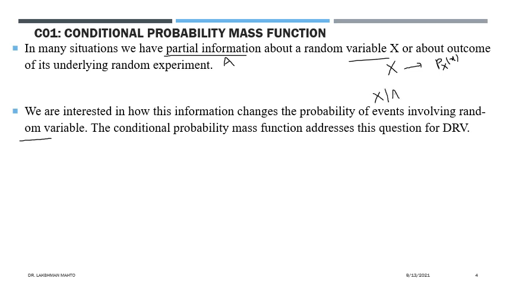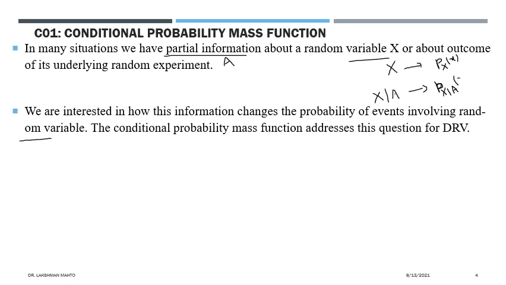This random variable will have a new probability mass function that we denote by the conditional probability mass function. Whenever I say probability mass function, the p always happens to be a small letter, because it is a function, a general notation, and we have to be specific. So here we are introducing the conditional probability mass function.